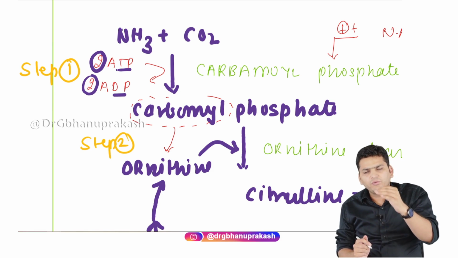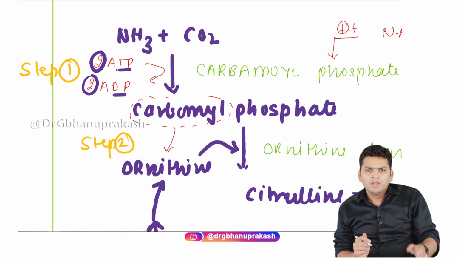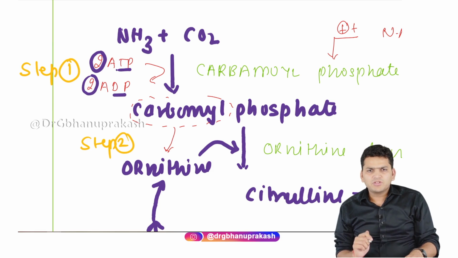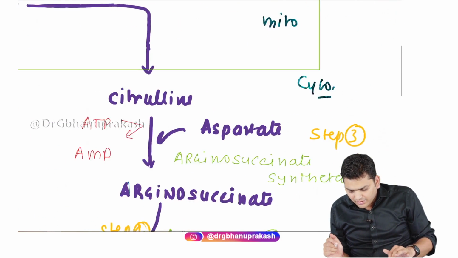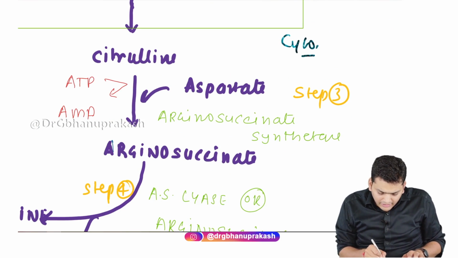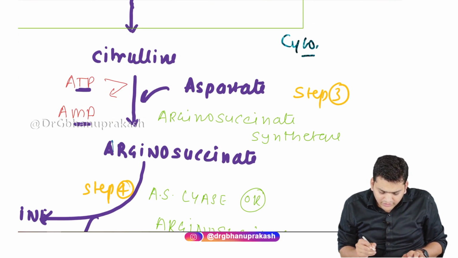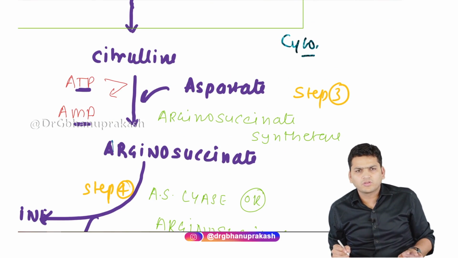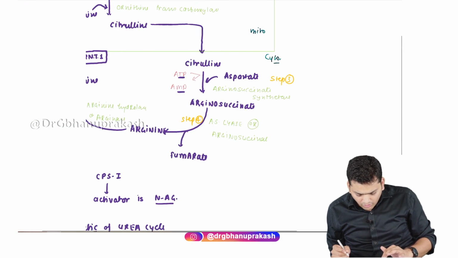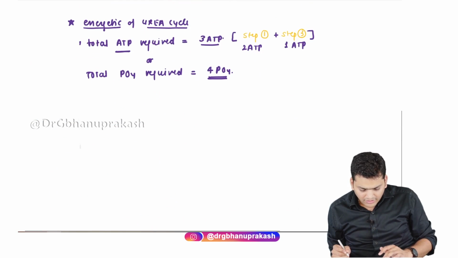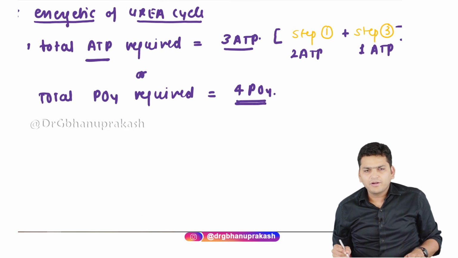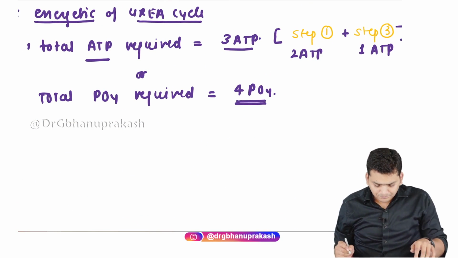When one tri converts into one di, one phosphate is consumed. Here 2 ATPs converting into 2 ADPs means 2 phosphates are consumed. As well, in step number 3, the ATP is converting into AMP, triphosphate converting into monophosphate, so again 2 phosphates are consumed. So in total, if they ask how many phosphates are consumed, the answer is going to be 4. So ATP required is 3, and if they ask phosphate, it is going to be 4.